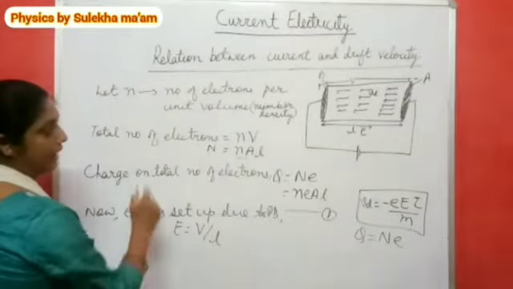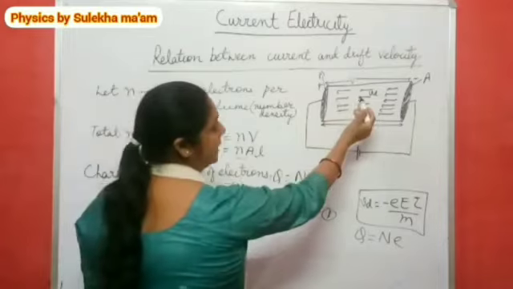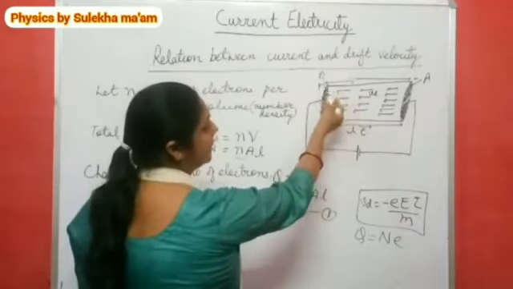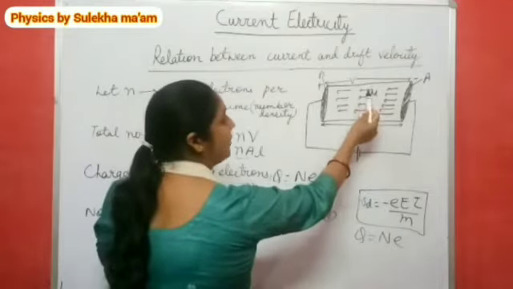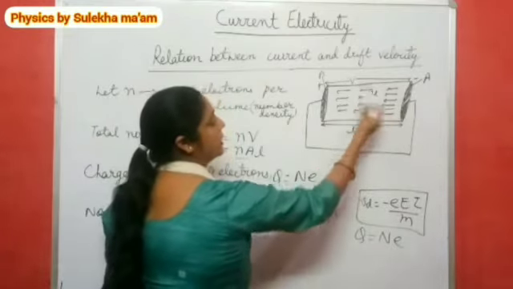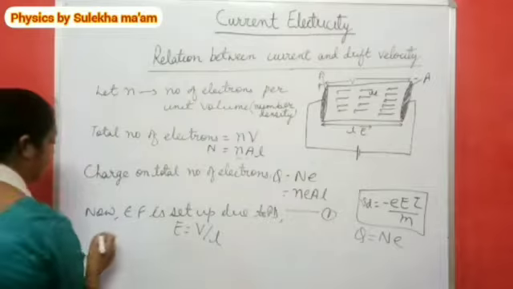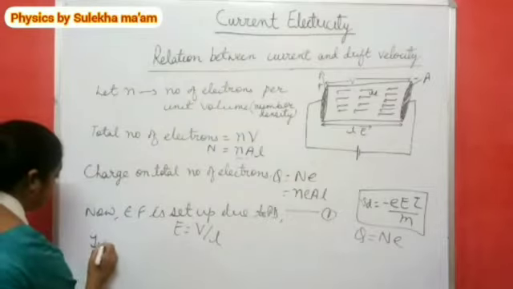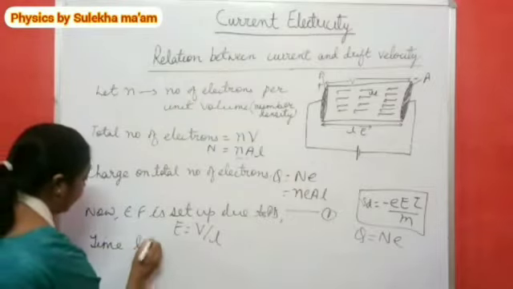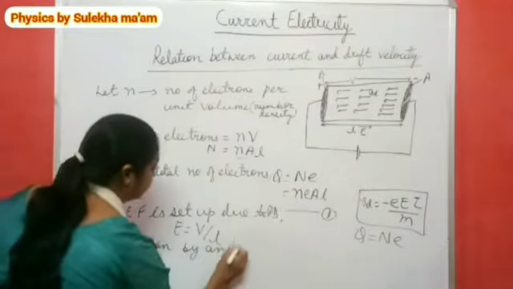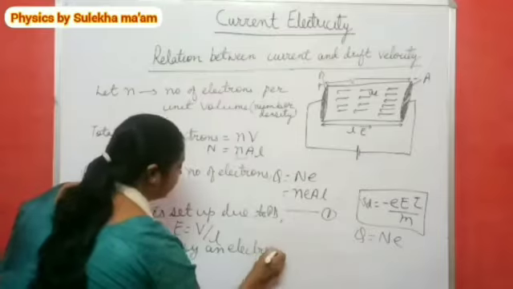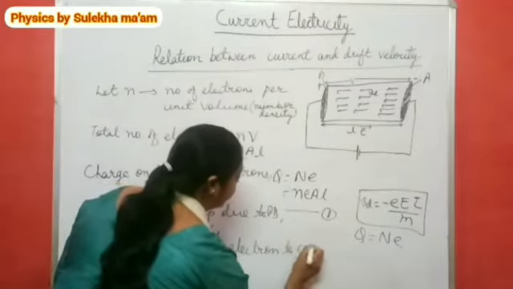And due to this electric field, the electron starts accelerating towards the positive end of the battery. So what is the time taken by an electron to cross the ends of the conductor? You can write the time taken by an electron to cross the conductor.